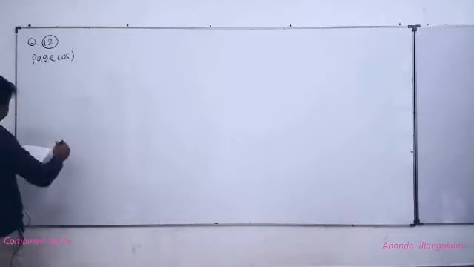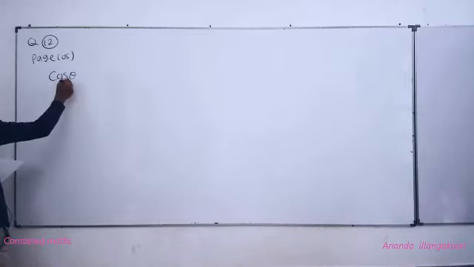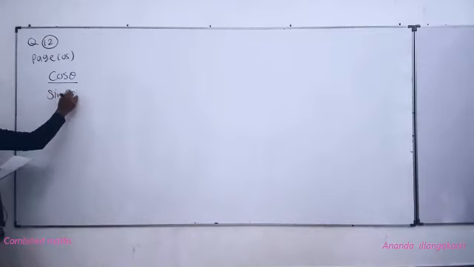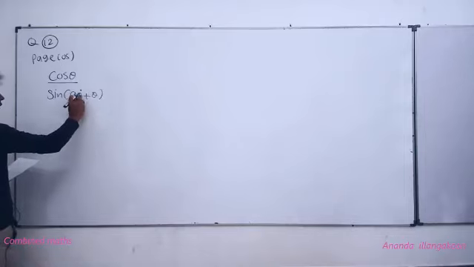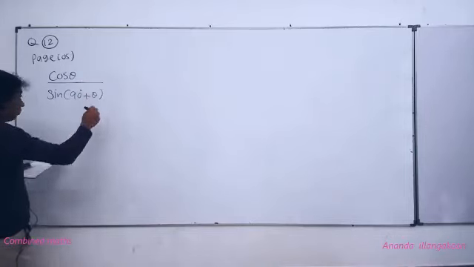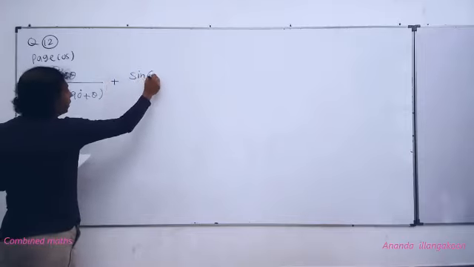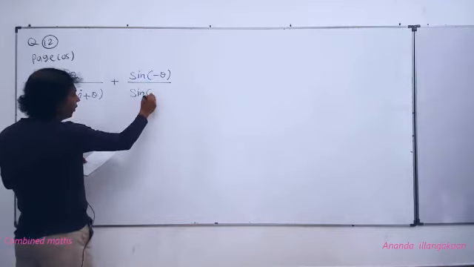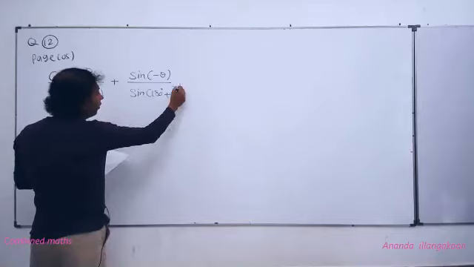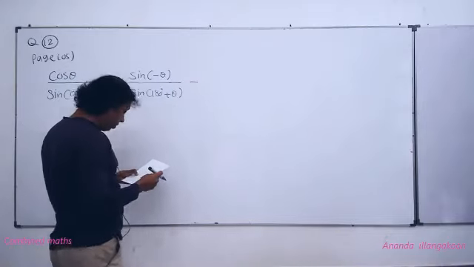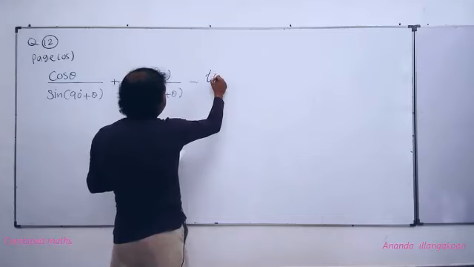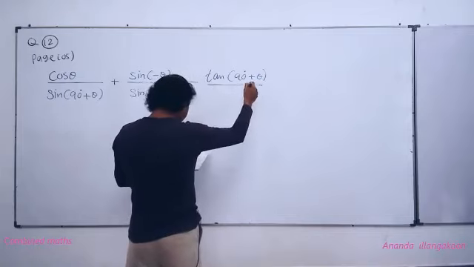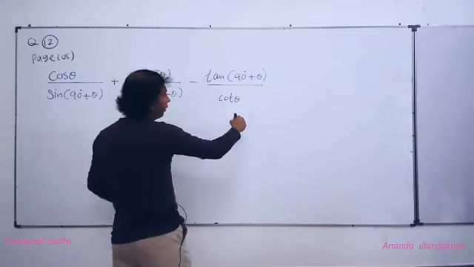Here you are given to prove that cos theta divided by sine of 90 plus theta, plus sine of minus theta divided by sine of 180 plus theta, minus tan of 90 plus theta divided by cot theta.